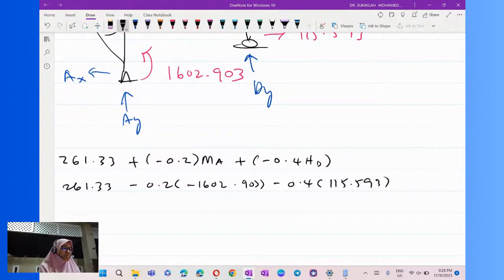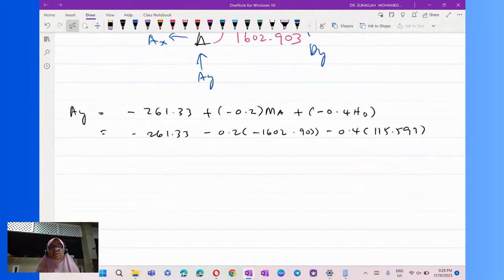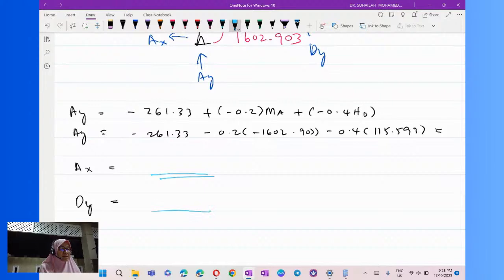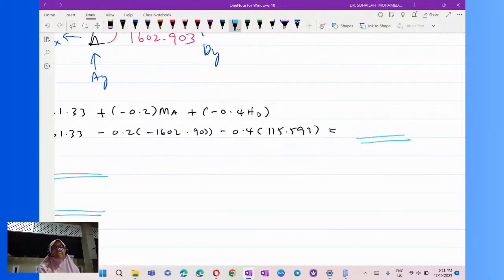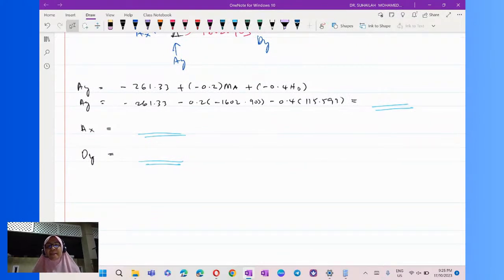This is another option to get the remaining reactions using the principle of superposition, referring back to the general equation. So we get AY, the answer. And of course, we do the same for AX as well as DY, and we will get the remaining reactions.